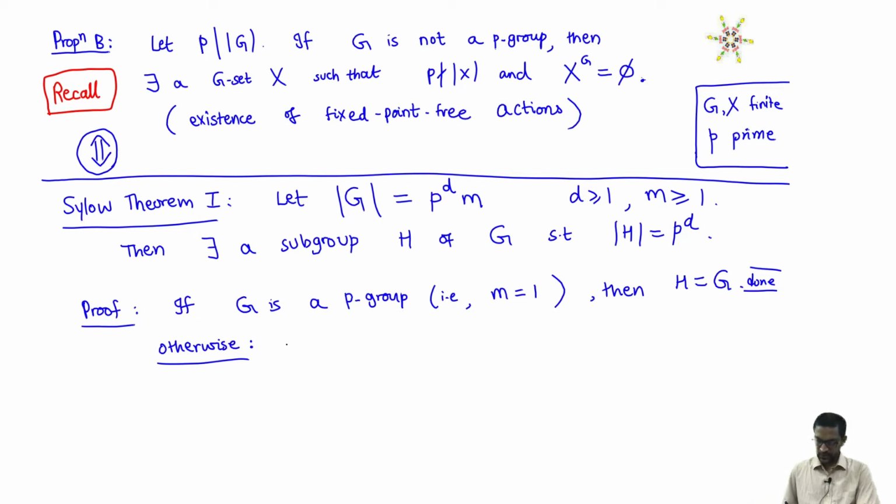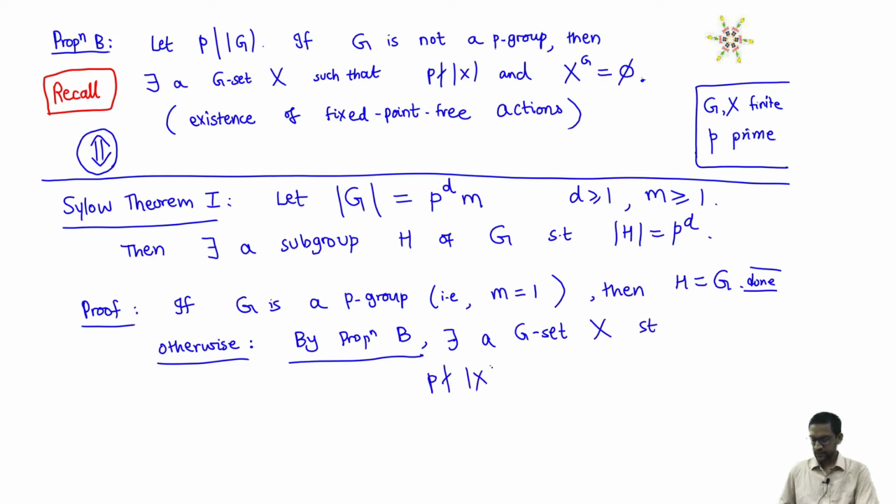So by proposition B, there exists a G-set X with two properties: p doesn't divide the cardinality and there are no fixed points.